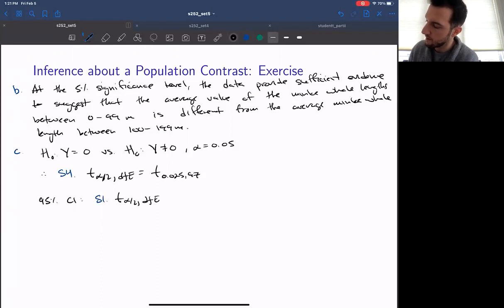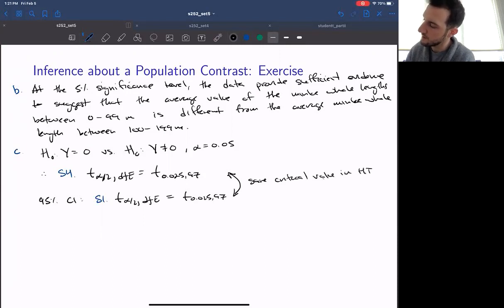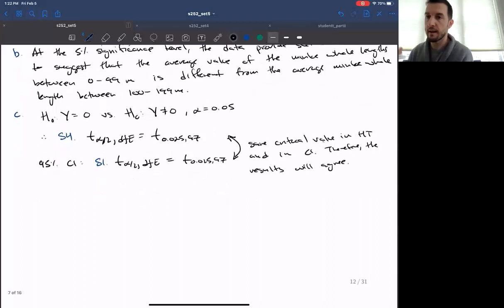So it would have been t alpha over 2 on DFE, which is t 0.025 on 97. Okay, so same critical value in the hypothesis test and in the confidence interval. Therefore, the results will agree. Okay, so that's the first part.